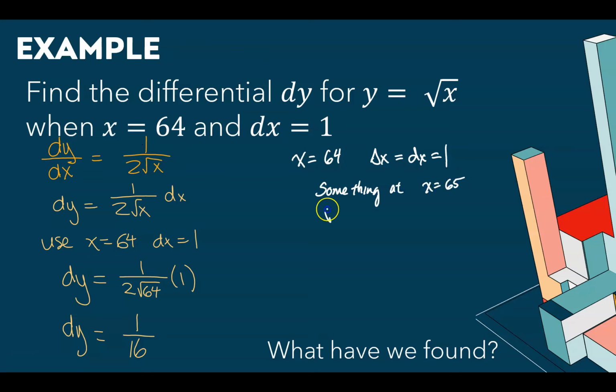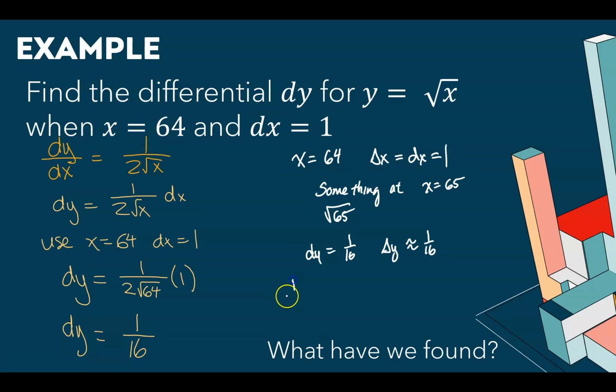In fact, we're talking about the square root of 65, because that's 1 more than 64 inside the square root. And what did we get? Well, we got dy is 1/16. We got the change in y is approximately 1/16 going from x equals 64 to x equals 65.